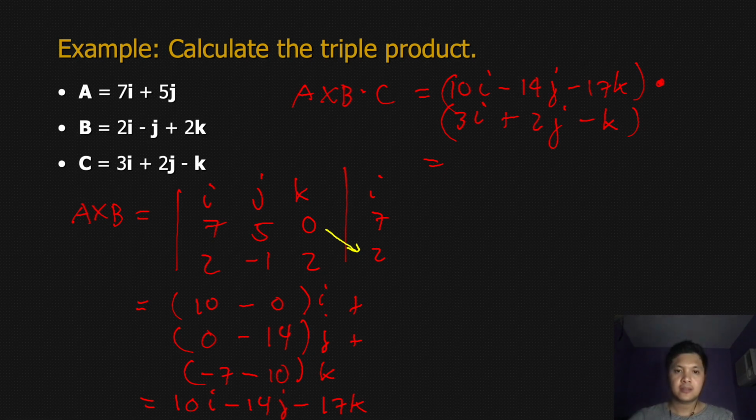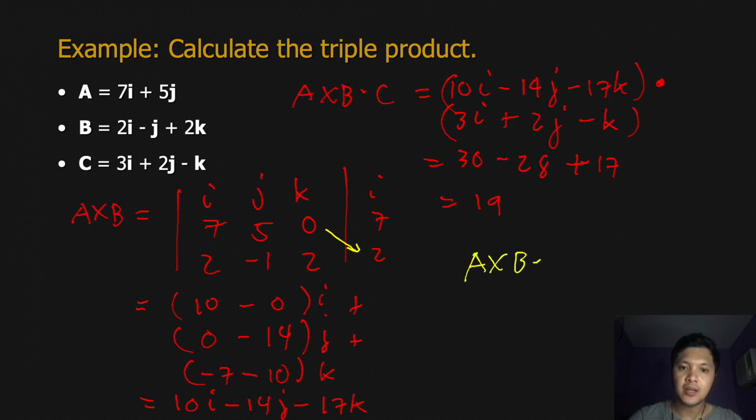So that is 10 and 3 is 30, and then negative 14 and 2 is negative 28, and negative 17 and negative 1 is positive 17, since they are both negative. Therefore 30 minus 28 plus 17 is equal to 19. So therefore this is the final answer. A cross B dot C is equal to 19.